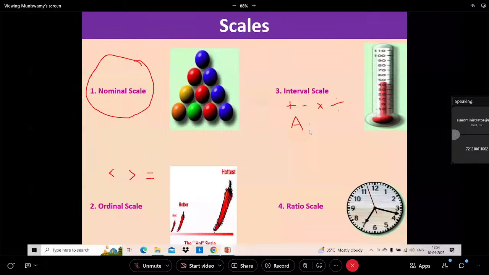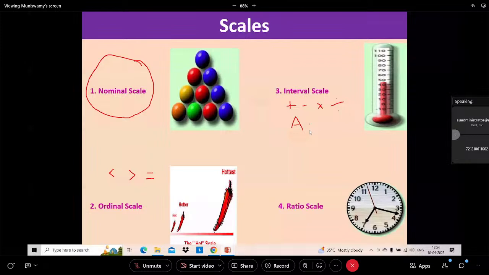I am giving one example: cricket players have numbers, but does it give any meaning? No. Only based on their performance are they taking average performance, not their labels. The label won't give any meaning.